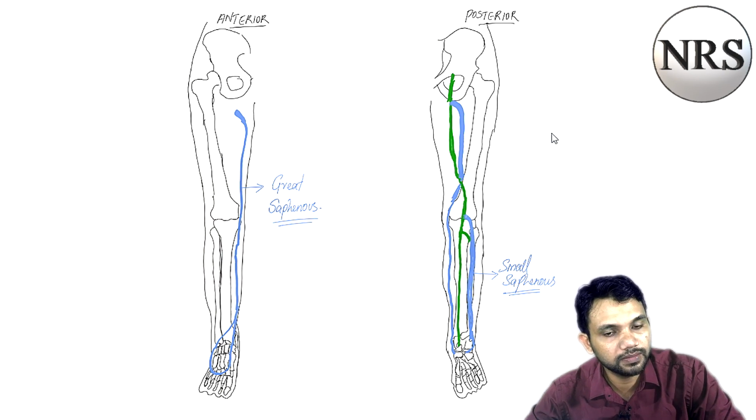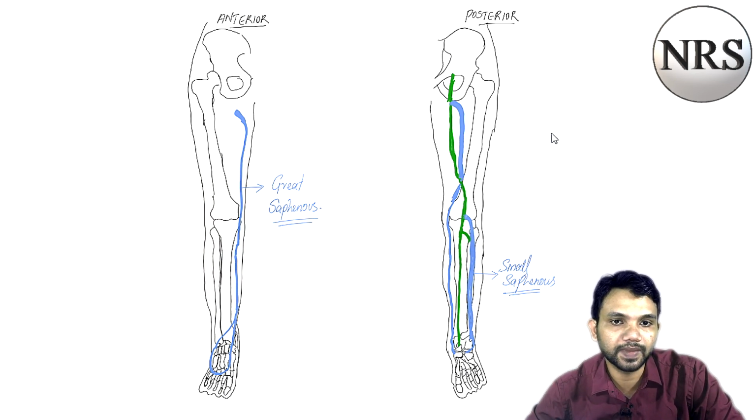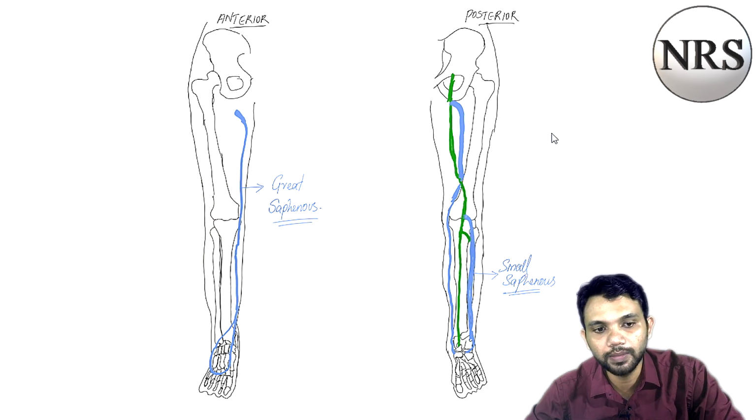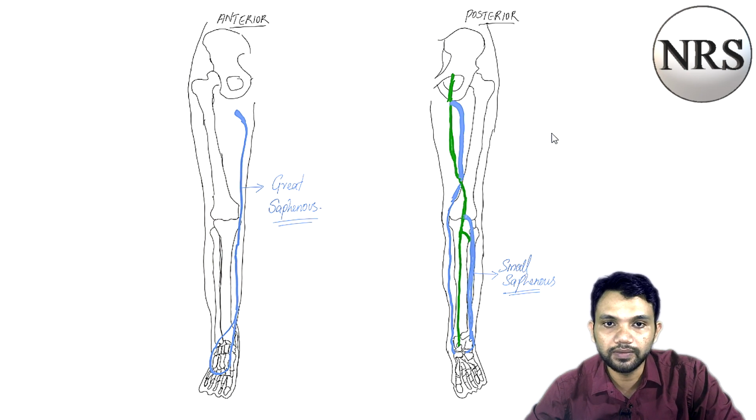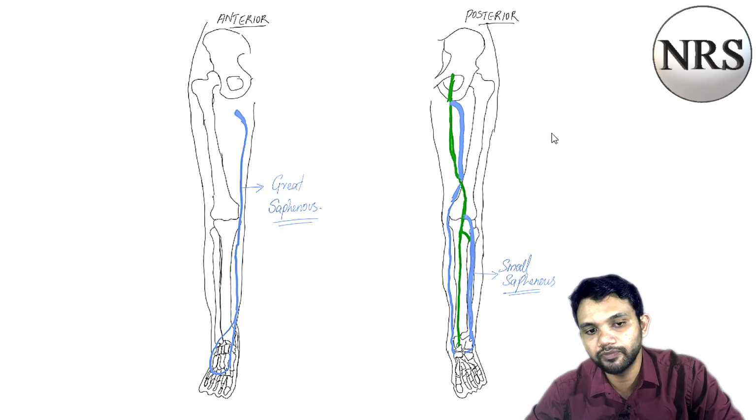Both of them unite around the popliteal fossa, and then it will be called the popliteal vein. Popliteal goes up, and above the popliteal fossa it will be called the femoral vein. These will be the deep veins.